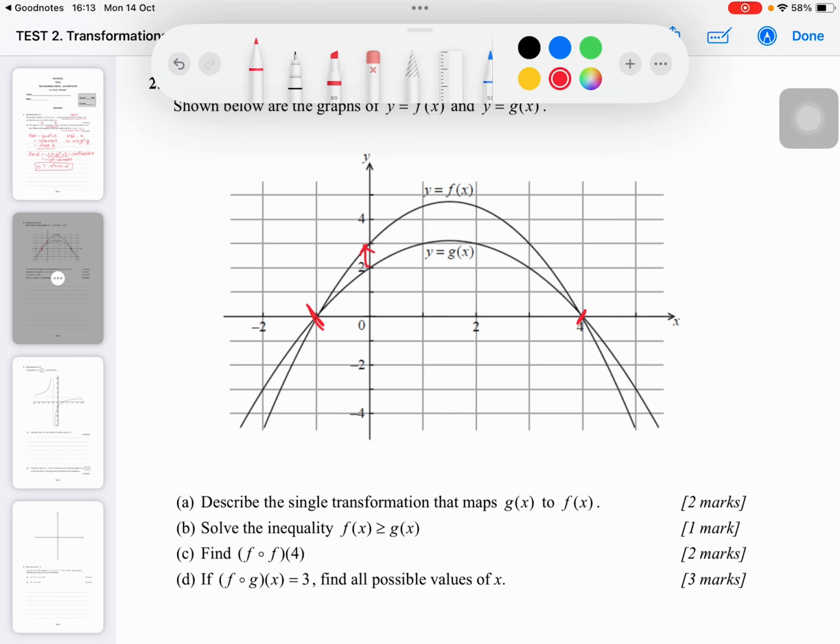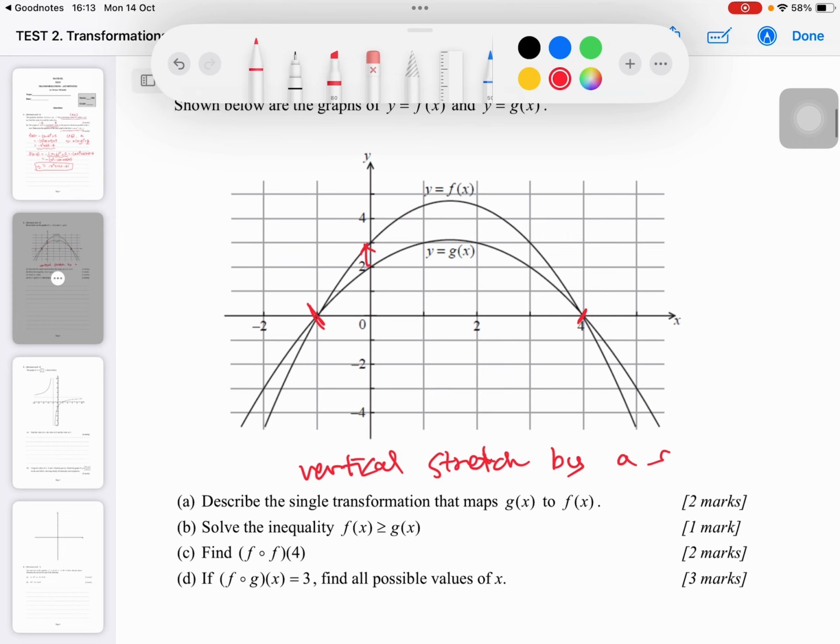So I guess this will be a vertical stretch by a scale factor of 3 over 2. So that's why (0, 2) goes, times 3 over 2, to (0, 3).